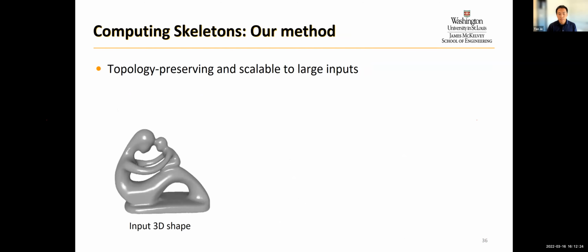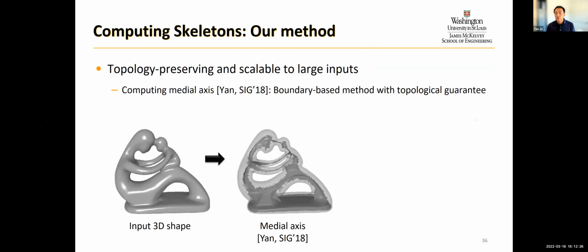In the first step, taking a 3D model, we first compute this medial axis, which I just talked about. It's a 2-dimensional type of skeleton, and our method is like one of those boundary-based methods using Voronoi diagrams. The difference is that we can actually give a theoretical and practical guarantee of topological preservation.